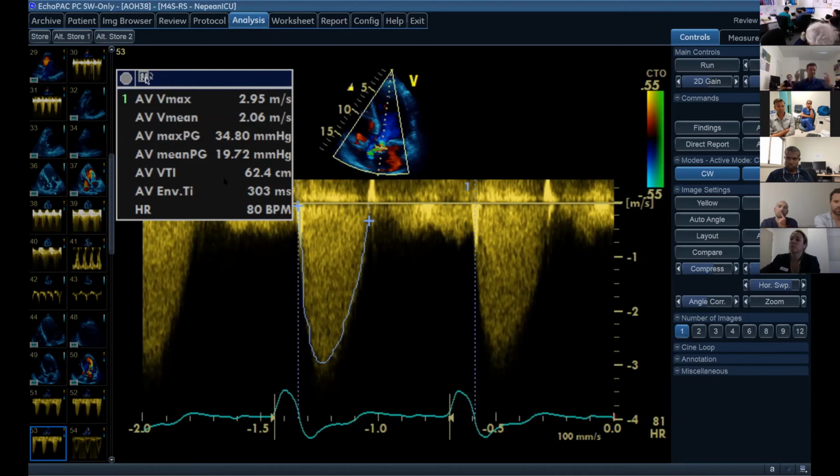So if you've got significant mitral regurg, or any kind of left to right shunt, that can impair it. And then I'm also going to add that the next problem is with your Doppler: make sure that your pulse wave Doppler is in the same position as your LVOT, and that your continuous wave Doppler is in the right alignment, and that you've got no form of obstruction anywhere other than at the aortic valve level. So the aortic valve is the maximum gradient there.